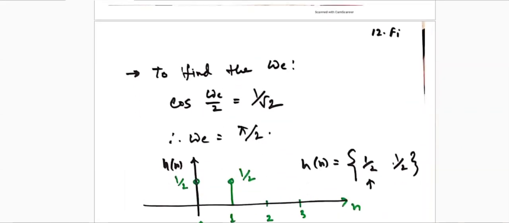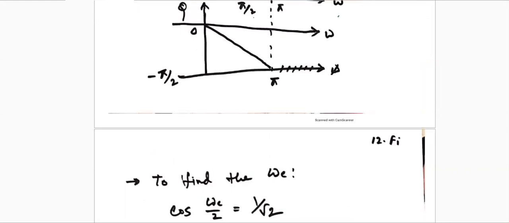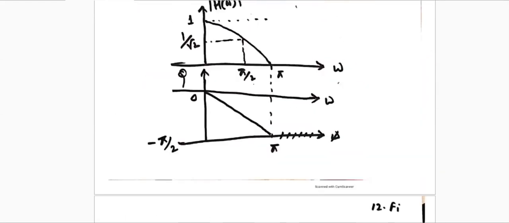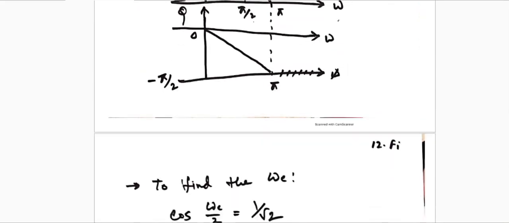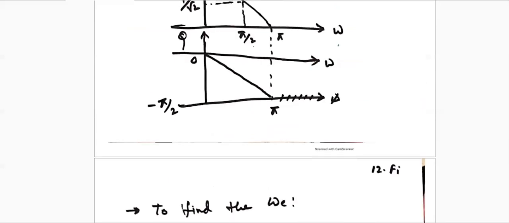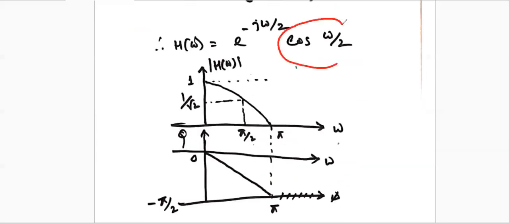Okay, now a few things more. If we want to find the cutoff frequency, this is very important. Where is the cutoff frequency? According to the literature, by definition of the cutoff frequency, the amplitude at that moment should be 1 divided by √2. So what is the amplitude? The amplitude is cos(omega/2). From the equation, we have already established that the amplitude depends on this.